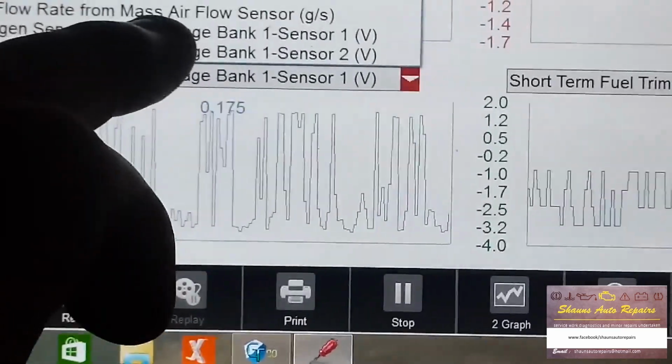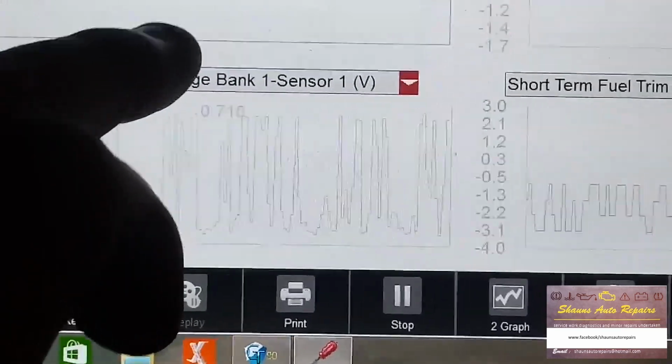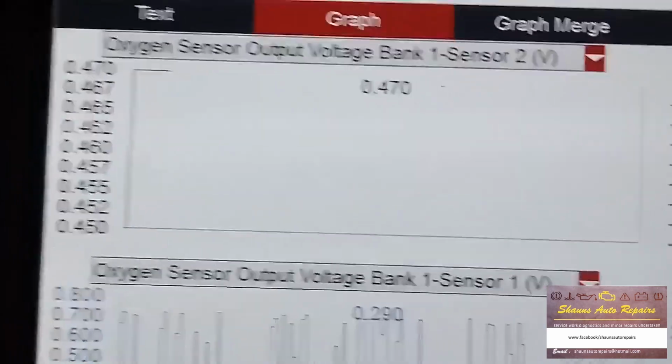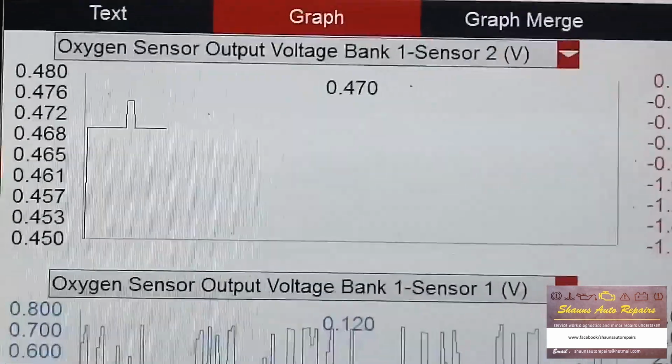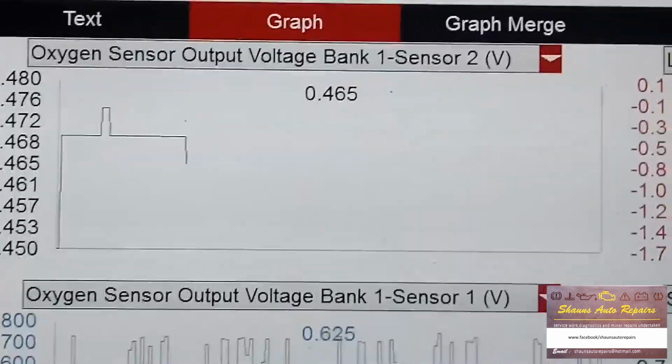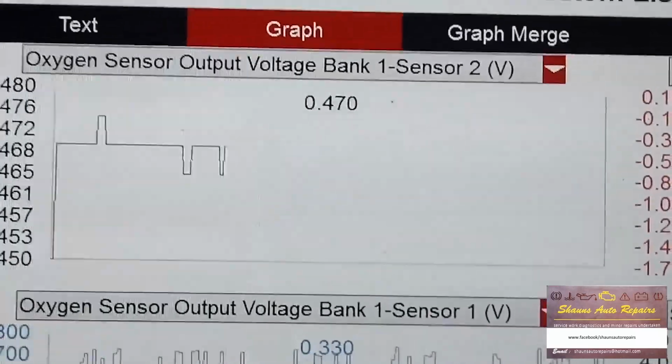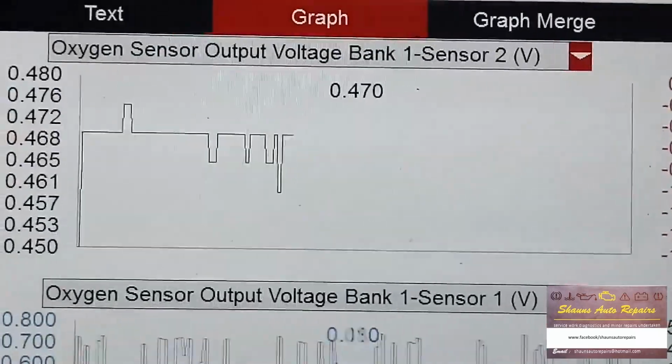Let's have a look to see what our bank 1 sensor 2 is, which is the one further down past the cat, and that is nice and steady.